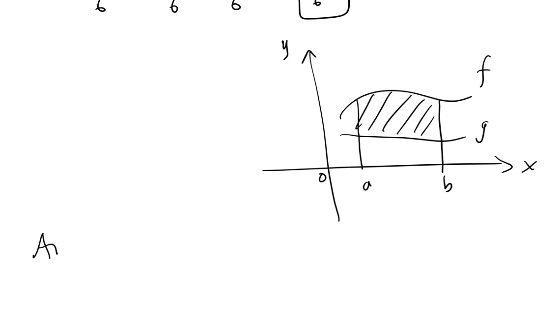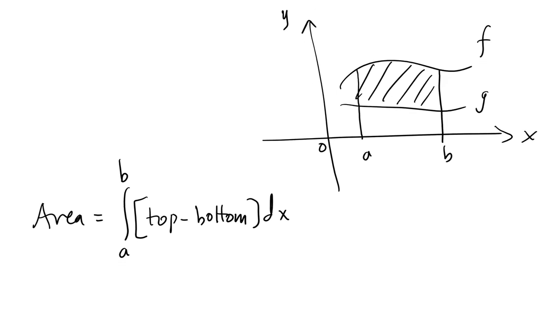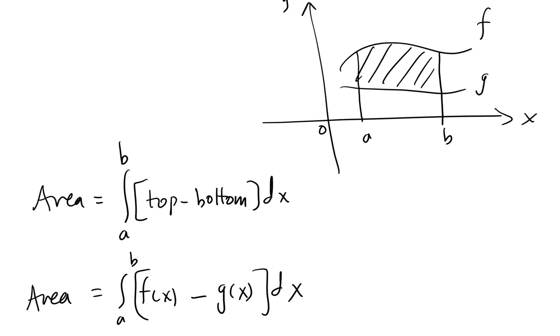In this case, the area is always defined as the integral from x equals a to x equals b, the top graph minus the bottom graph, dx. And in our case, the upper graph is f, so it's the integral from a to b, f of x minus the lower graph, g of x, all dx. That would give us the area bounded by the two graphs.